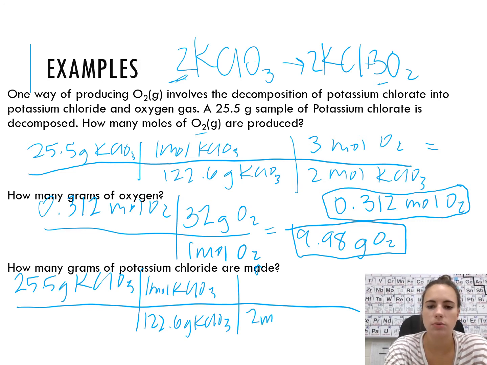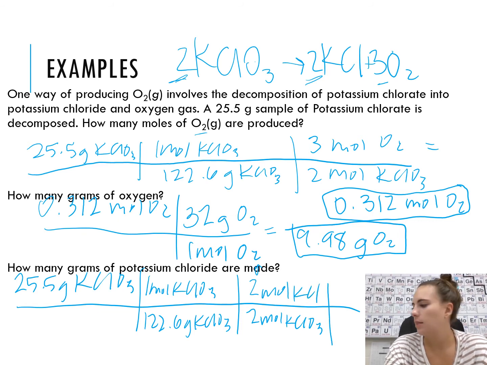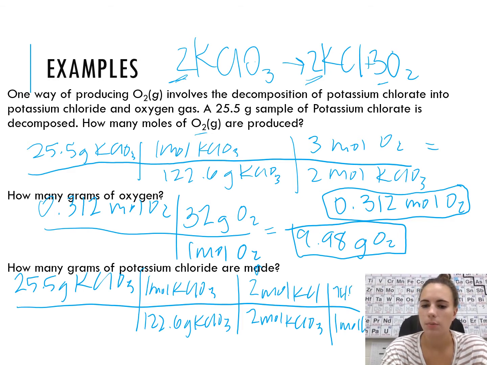So 2 moles of potassium chlorate is equal to 2 moles of potassium chloride. And then it asked me for grams of potassium chloride. So 1 mole of potassium chloride is equal to 74.6 grams. I'm sorry, I ran out of space. So when I multiply across the top and divide by the bottom, I get 15.5 grams of potassium chloride.